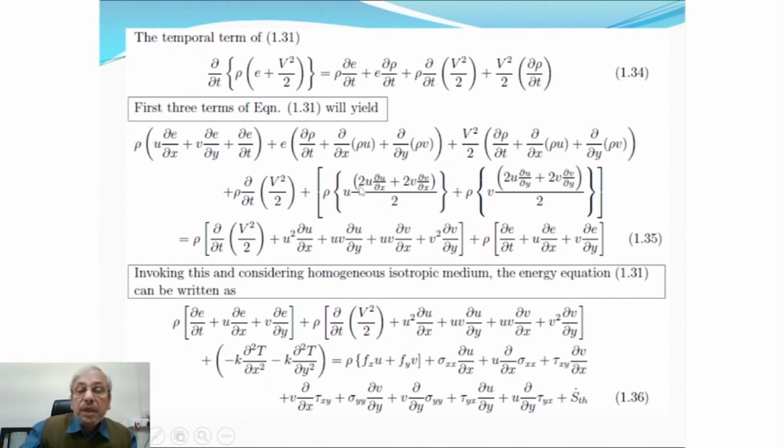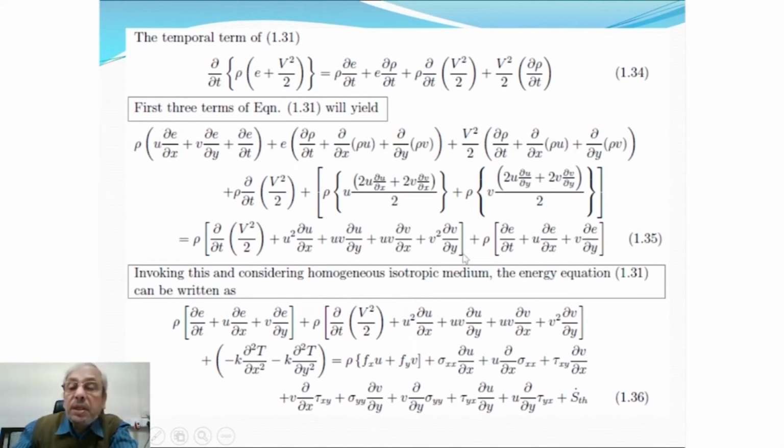If we do a little bit of rearranging and simple algebra, we can regroup them as these terms plus ρ ∂e/∂t. This is internal energy or thermal energy. ρ(∂e/∂t plus u ∂e/∂x plus v ∂e/∂y).